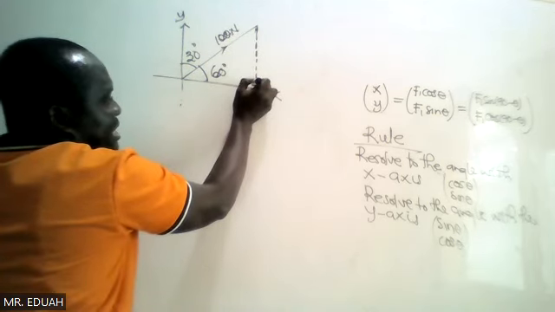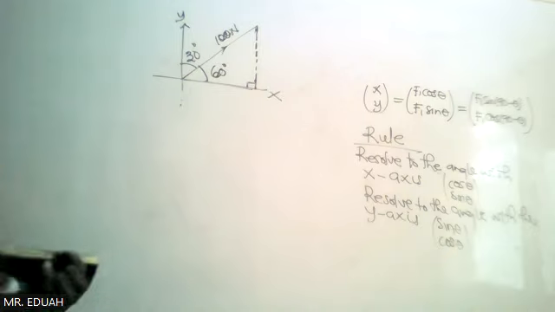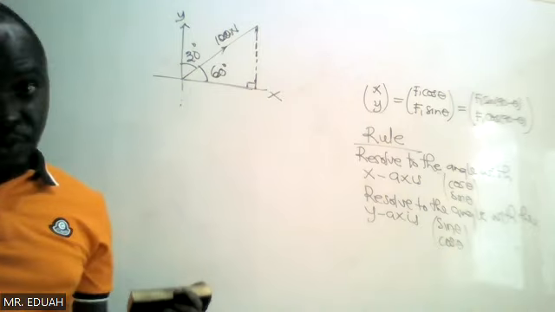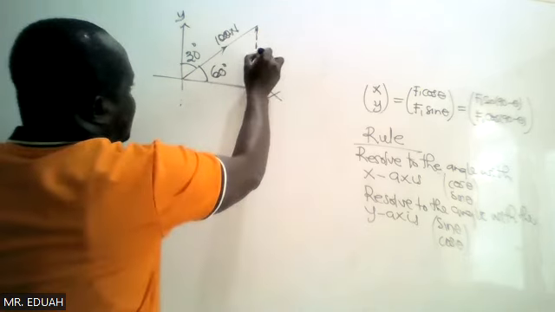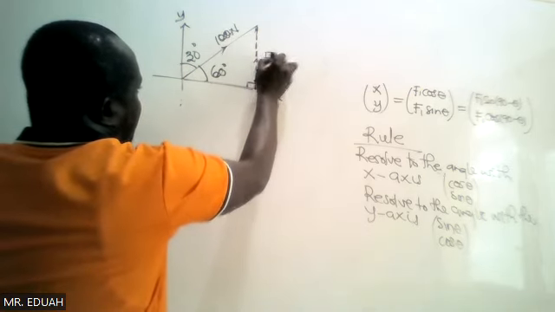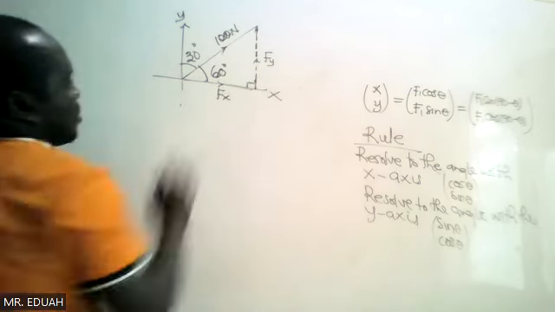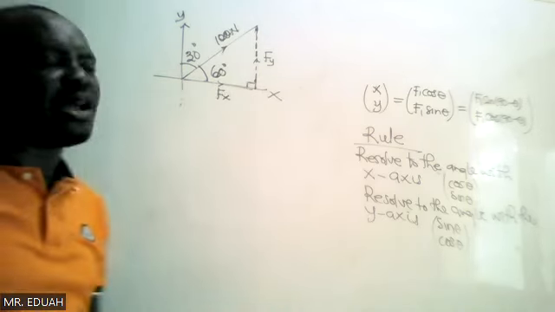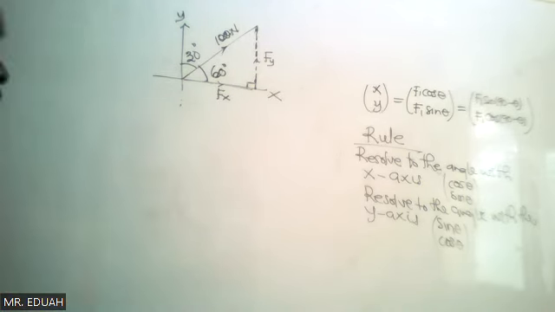The adjacent and the opposite must always be perpendicular to each other, therefore forming a right angle triangle. Now I want this component Fy and this component Fx, because they are along the y and x axes.